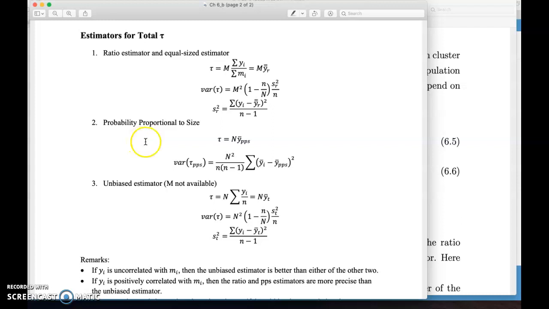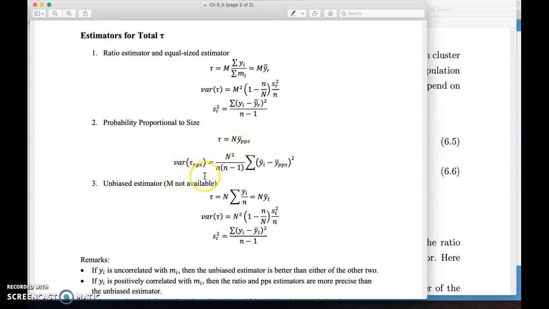Secondly, probability proportional to size. Now we have the Y bar PPS, which is obtained from the cluster average. So when we need to estimate the total tau, it equals the cluster average multiplied by the total number of clusters in the population.